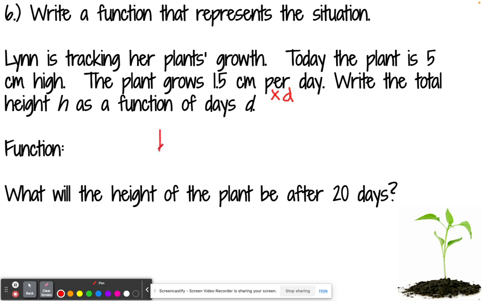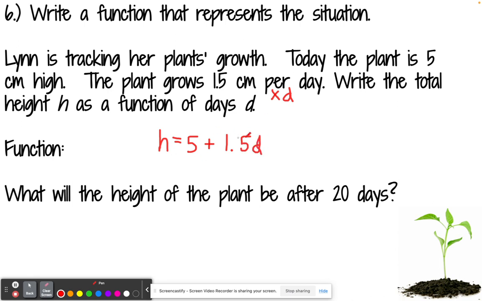Well, my height will equal my 5 centimeters plus my 1.5 centimeters every day.